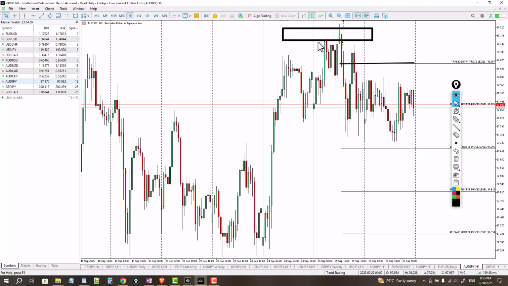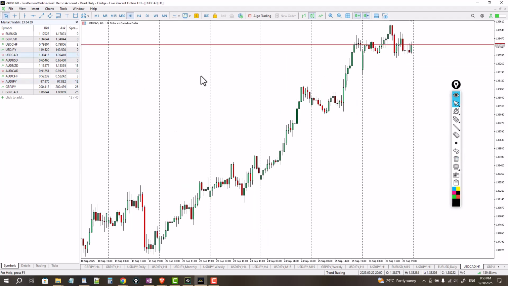But then since we took a short trade here, let's assume that we wanted to see the opportunity we had on this pair, which is not as correlated with the AUD JPY. And you can see on this pair, we would not even have been thinking about going short at all, because if we were trading based on price action, here we had something that looked like a support.